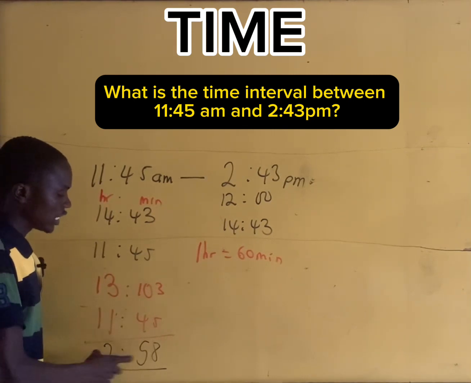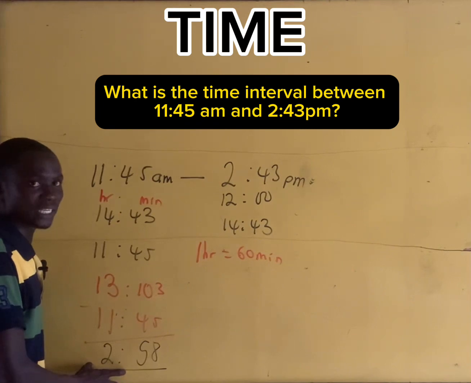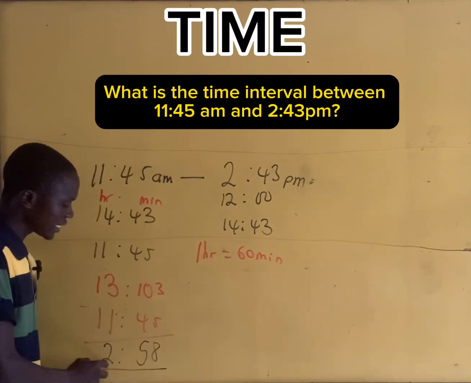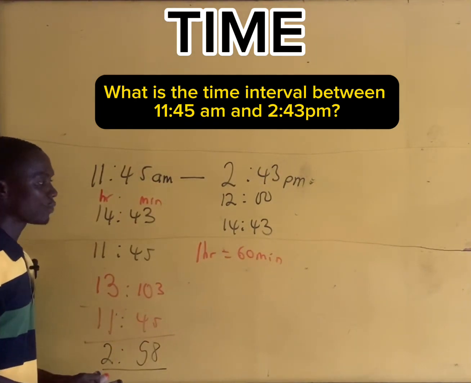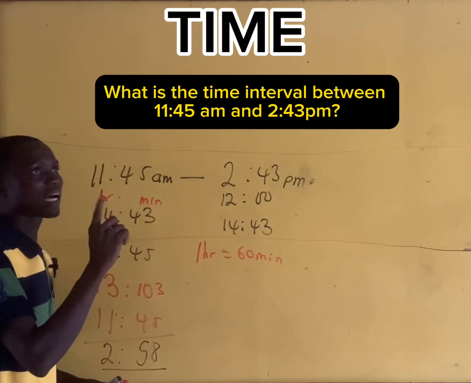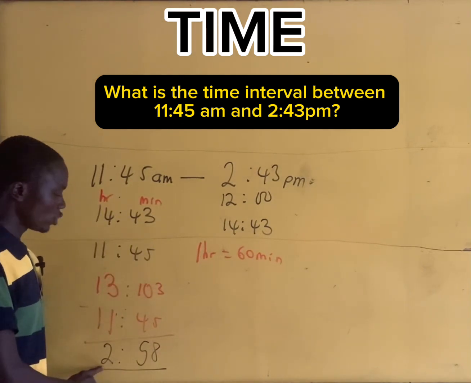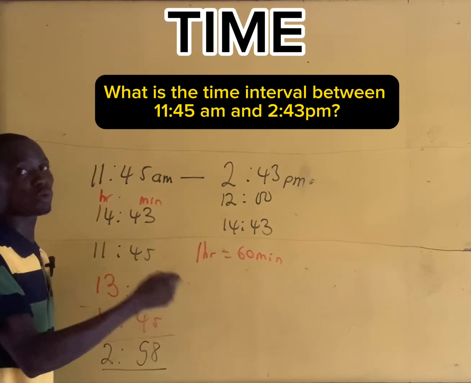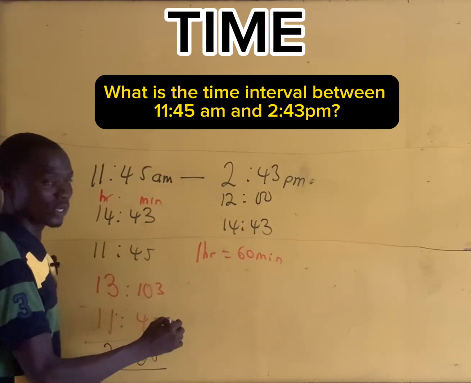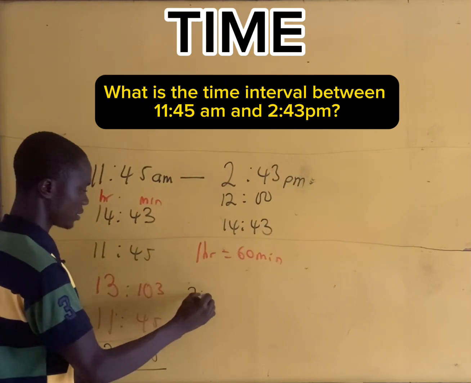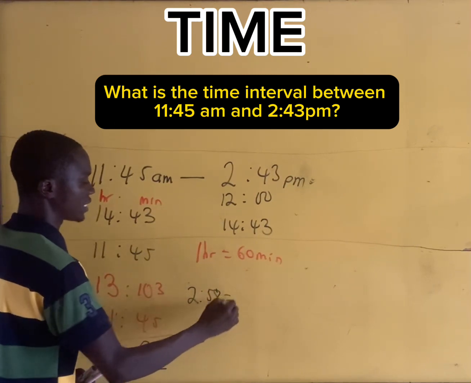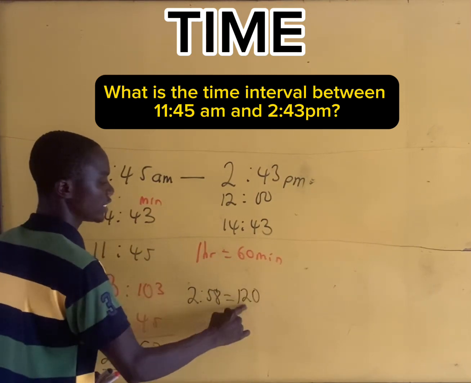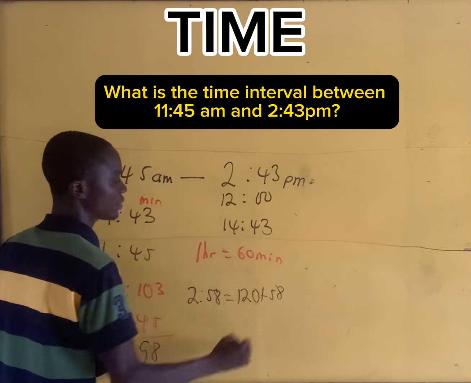Now, if I want all of these to be in minutes, then I have to change the hours to minutes. And we know that each hour is 60 minutes. So if I have two of them, then I have 60 plus 60, that is 120. So 2 hours, 58 minutes is the same as 120 minutes plus 58 minutes.